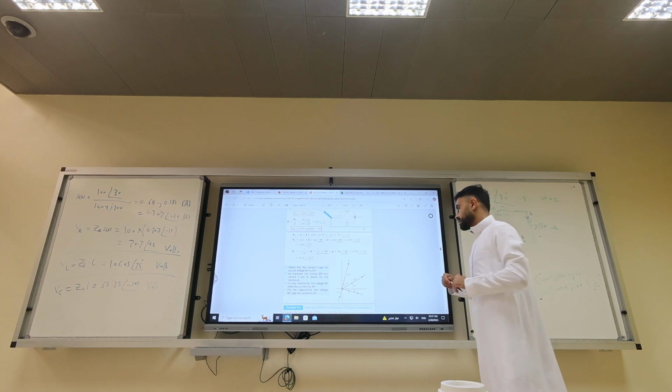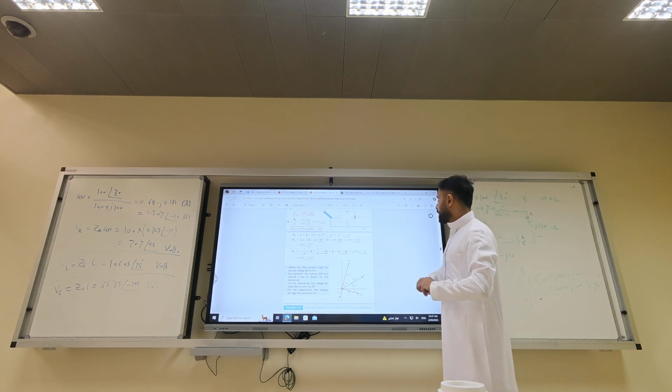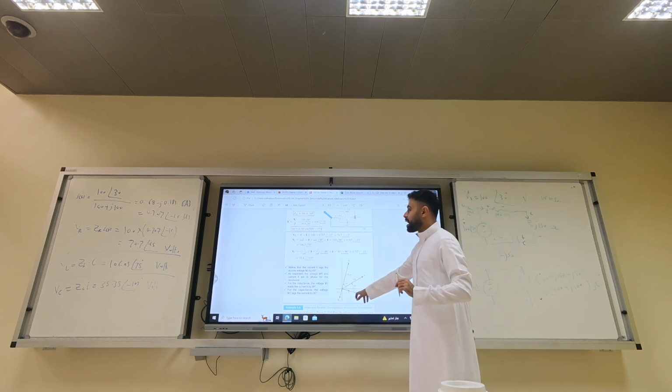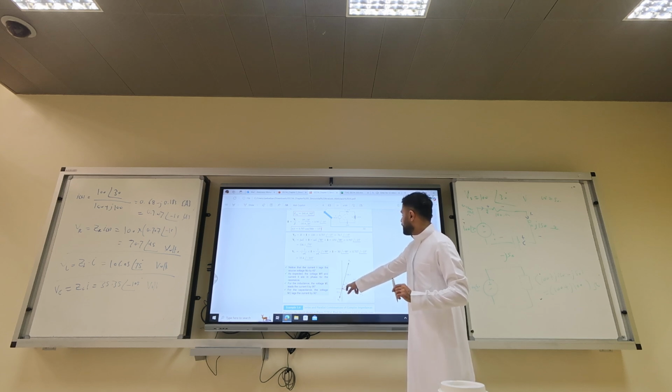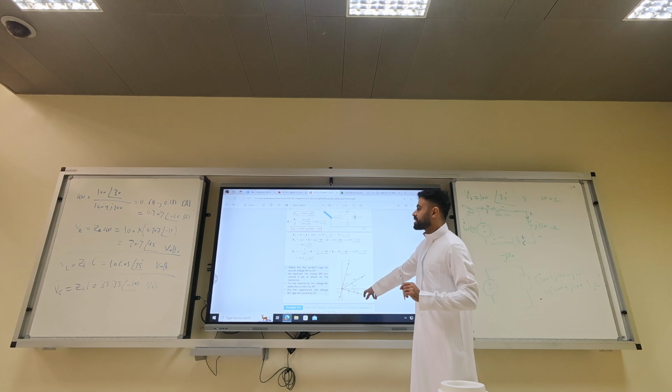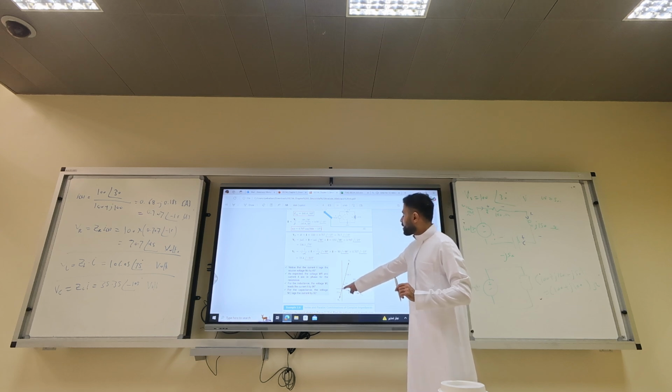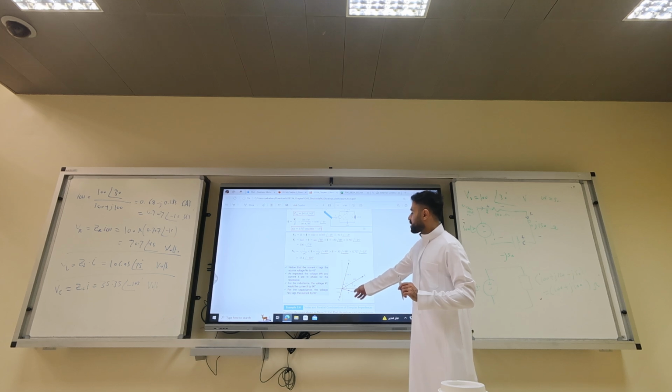When you plot them, let's plot V sub R, 70.7 angle minus 15. That's the current. V sub S is what angle? 100 angle 30.